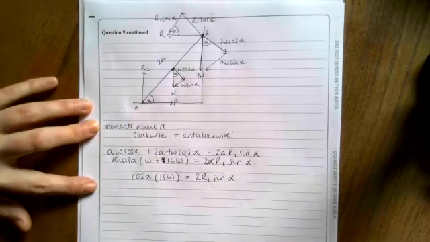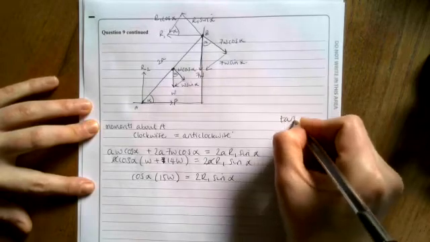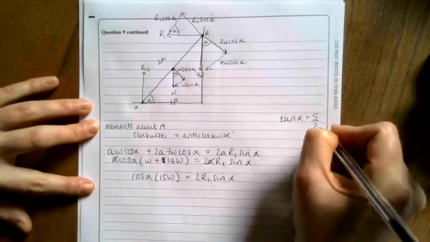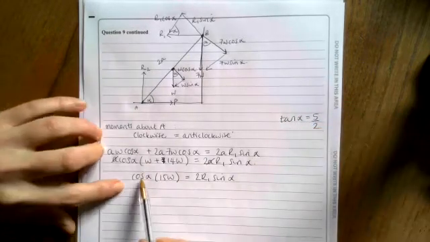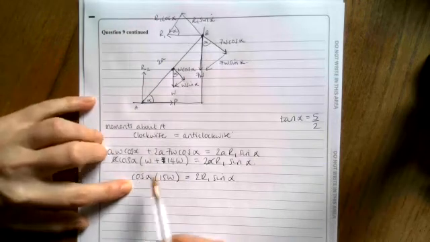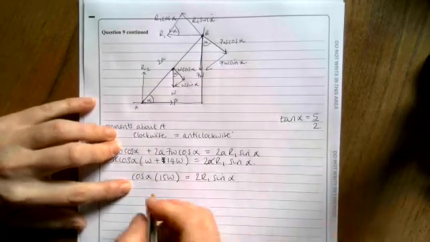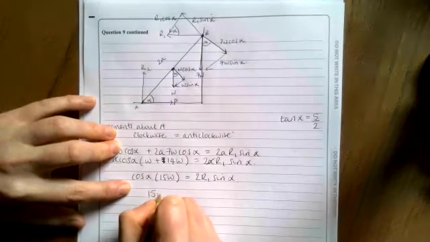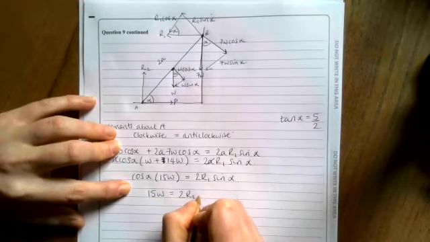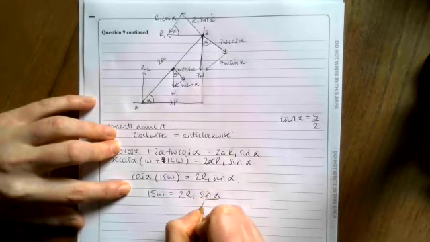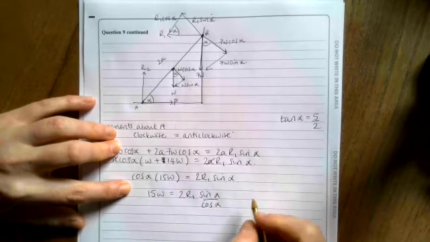Now in the question, they told me that tan alpha was equal to 5 over 2. So if I divide by cos alpha here, I can use that really easily. So 15W is equal to 2R1 sine alpha over cos alpha.